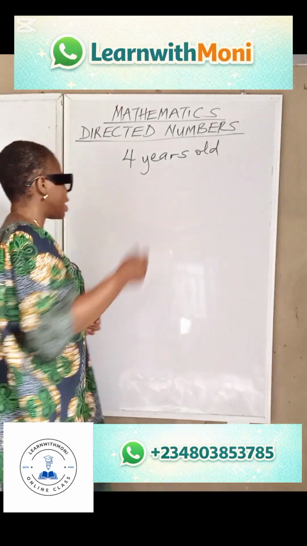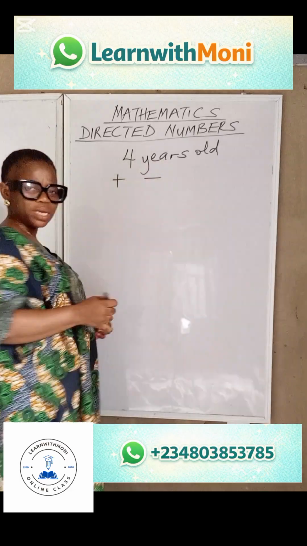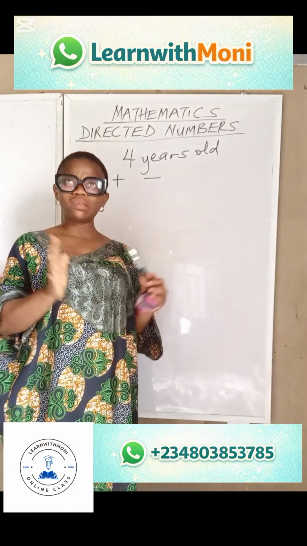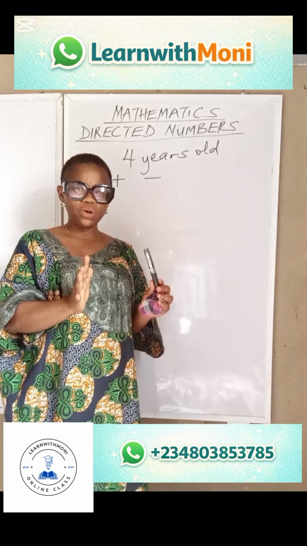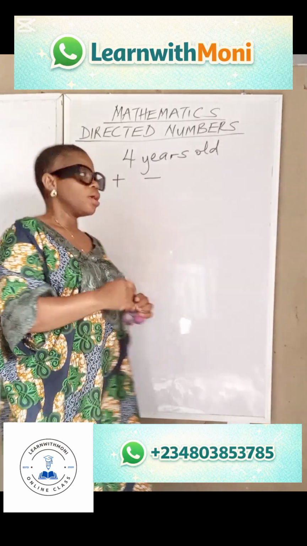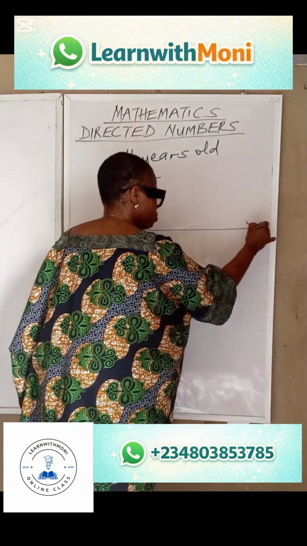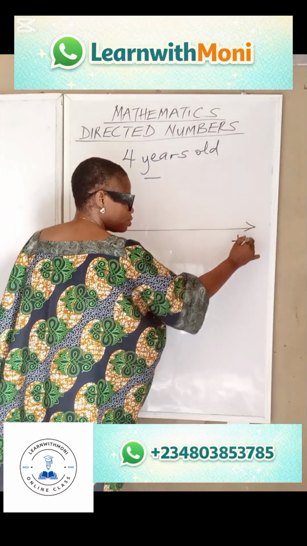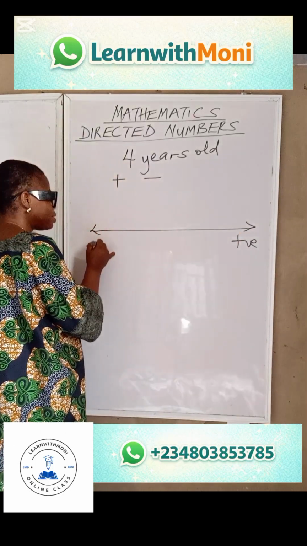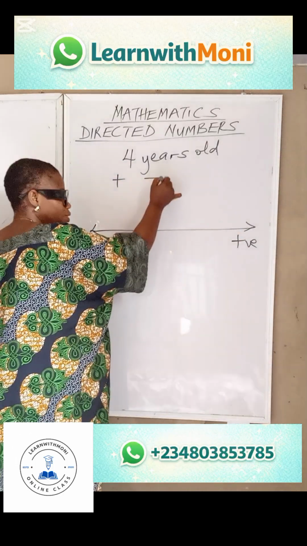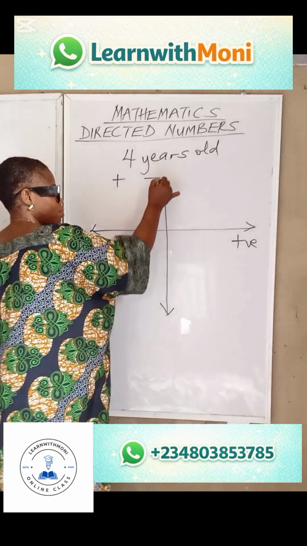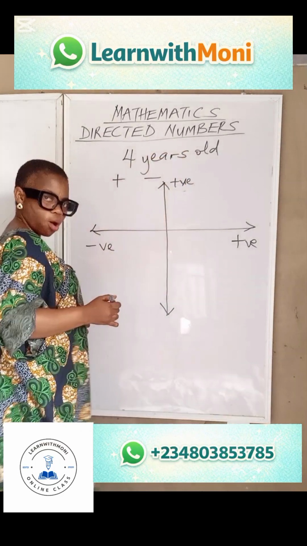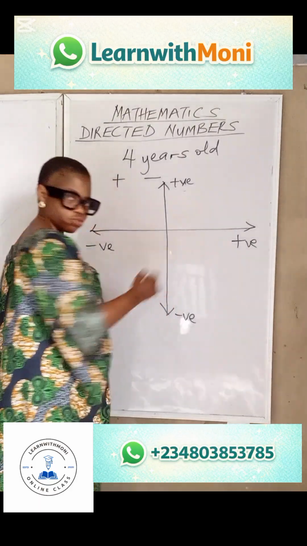So these positive and negative signs, what do they depict? What they tell you is the direction the number is moving. Let us quickly remember our number line. On the x-axis, we have positive numbers to the right and negative numbers to the left. The same way, on the y-axis, we have positive numbers to the top and negative numbers to the bottom.